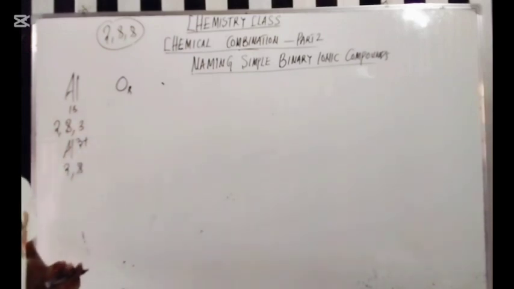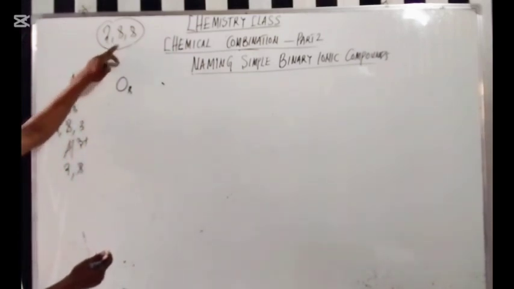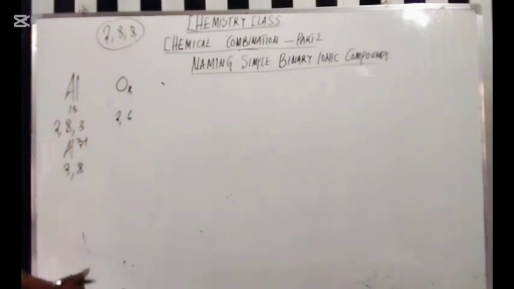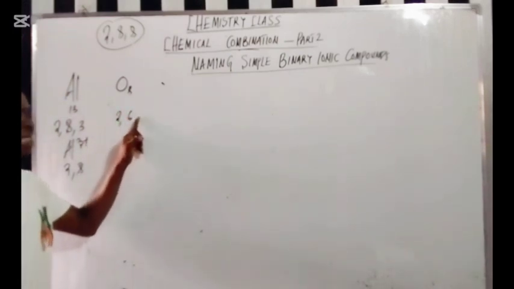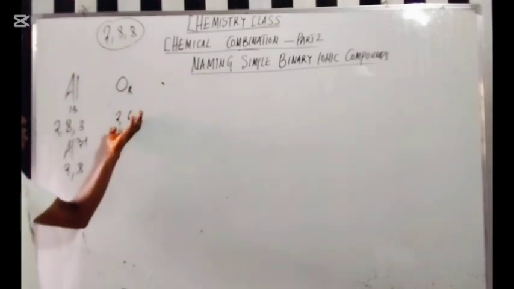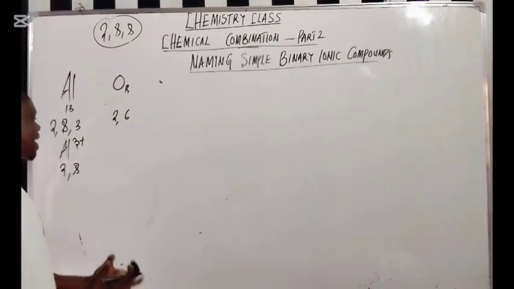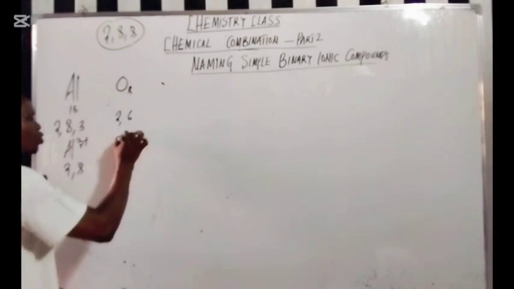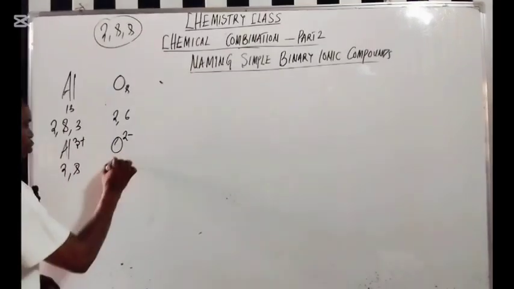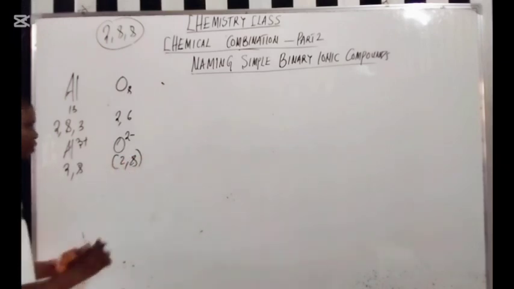If you write the old electronic configuration, it's going to be 2 6. So you have 6 electrons in the atom's shell. Now, oxygen wants to behave like this guy here, so it has to gain 2 electrons. When you gain 2 electrons, you get O2-. Do you understand? So this will now become 2 8. Do you see that?